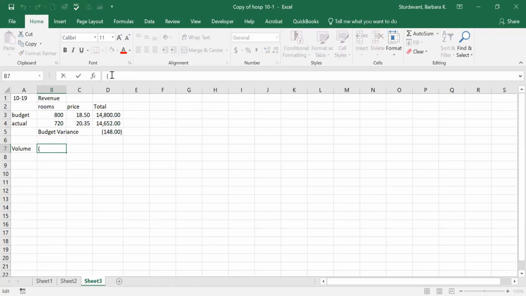Because it's revenue, we want the actual to be higher, so it goes first, minus the budget. And then we multiply it by the budgeted other, which in this case is price. So that's what we would do to find the number.